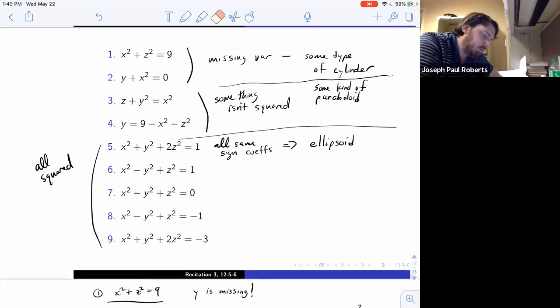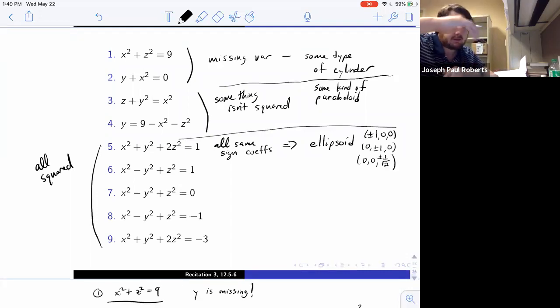And so the ellipsoid, if you figure out the intercepts, you could see without too much trouble that when y and z are both 0, x is plus or minus 1. When x and z are both 0, y is plus or minus 1. And when x and y are 0, z is plus or minus 1 over root 2. So like I said, it got squished down a little bit when I replaced z with square root of 2 times z in the equation.